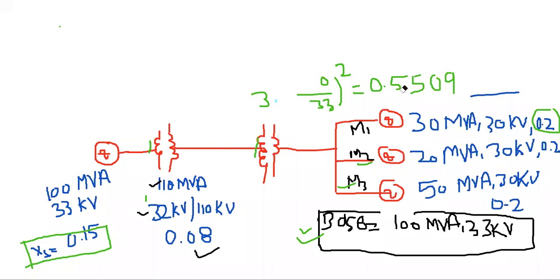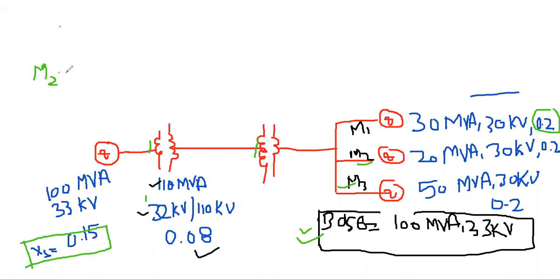For motor 2, I will write for motor 2 and motor 3 simultaneously. For motor 2, the old per unit is 0.2. Now MVA new is how much? 100. MVA old is how much? It is 20. kV old is how much? 30. kV new is how much? 33 kV.